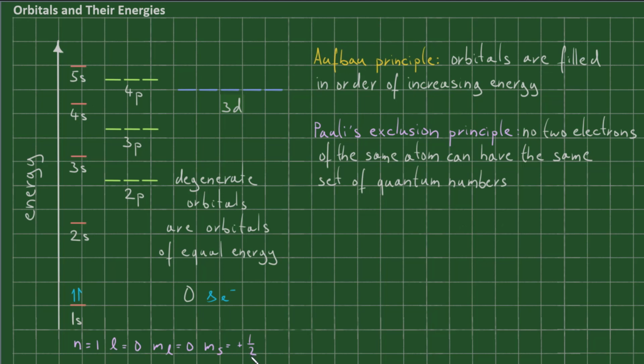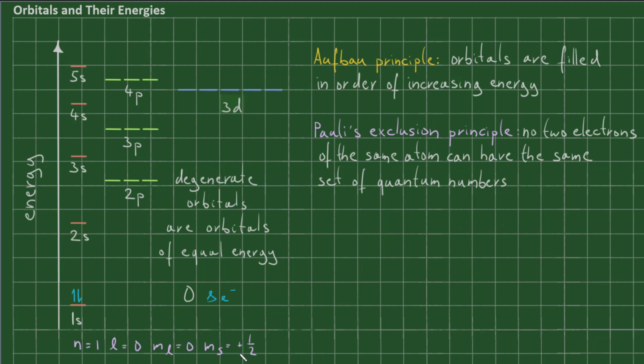However, if I am to draw an electron that is spinning down, so let me erase this one and draw one that is spinning down, now the address would be 1, 0, 0, negative 1/2. The ms would be negative 1/2 because the electron is spinning down. And now Pauli's exclusion principle is satisfied.